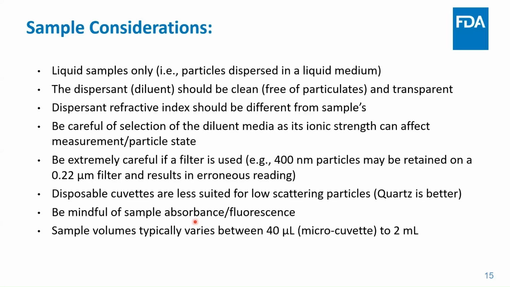Any intense fluorescence can actually be seen as excess scattering, which can further convolute your correlogram. So that's something to keep in mind. And the sample volumes can be as low as 30 or 40 microliters in the plate reader or in the micro cuvette, and up to 2 mL.